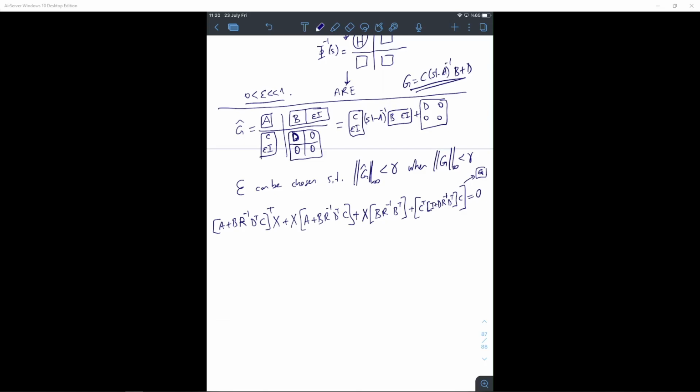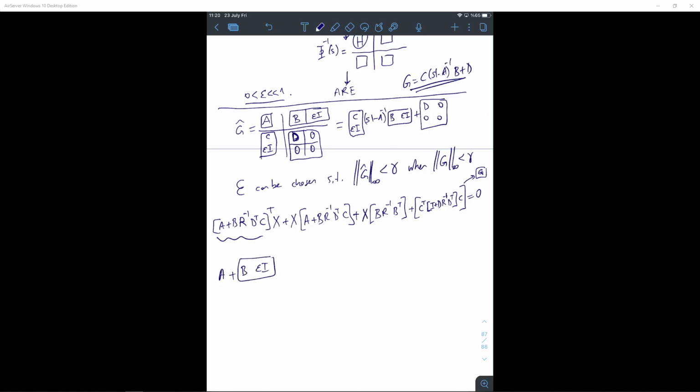Let's focus on this term, A plus B. What's B for G hat? B epsilon identity.